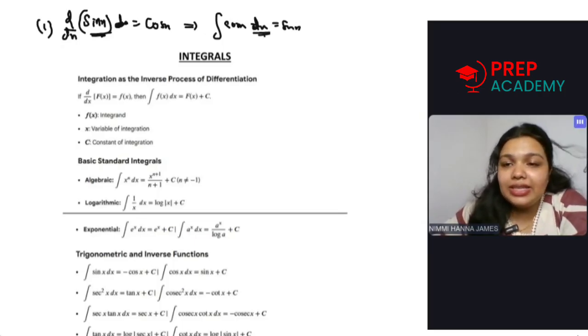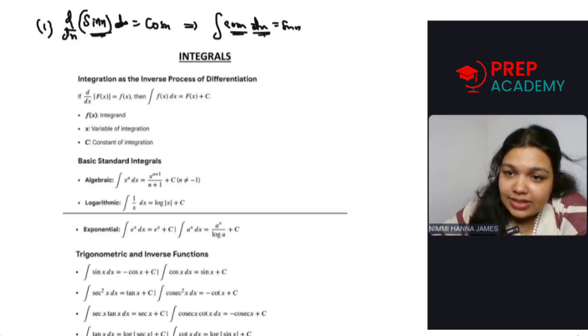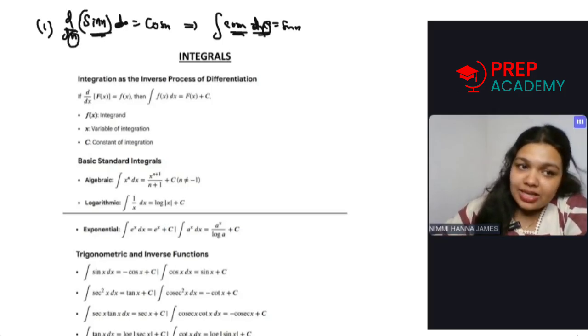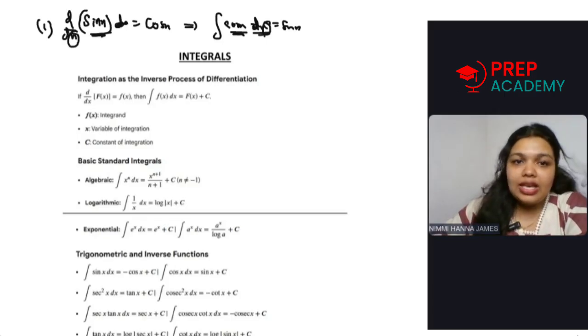This dx actually means that we are integrating the cos x function with respect to x. While differentiating with d by dx, there was also a dx, which meant we were differentiating with respect to x. Here it means that we are integrating with respect to x. So the integral of cos x dx is equal to sin x.